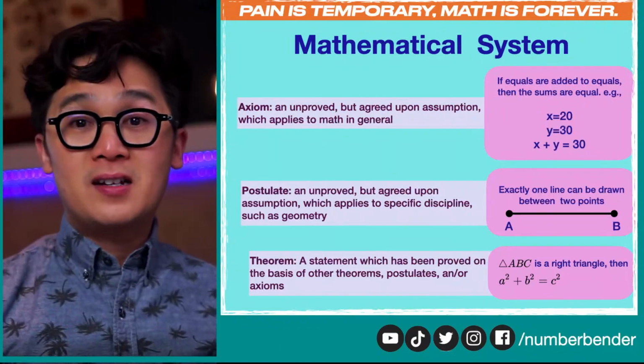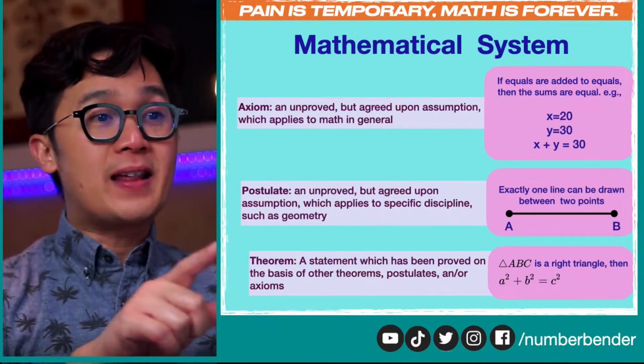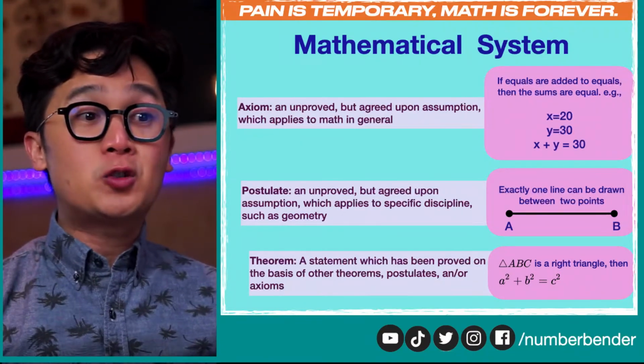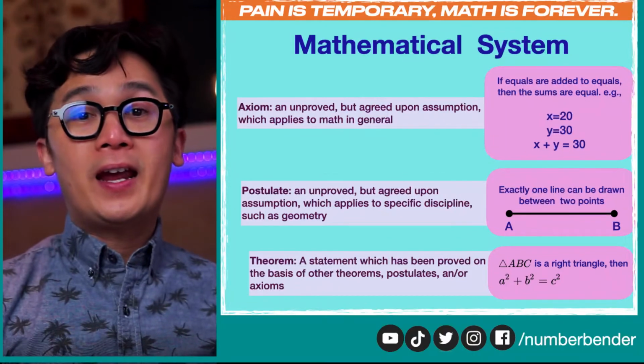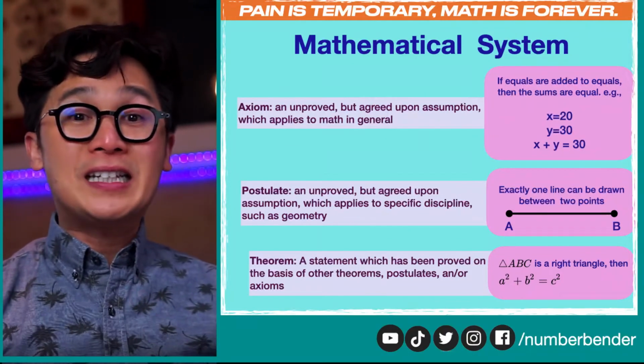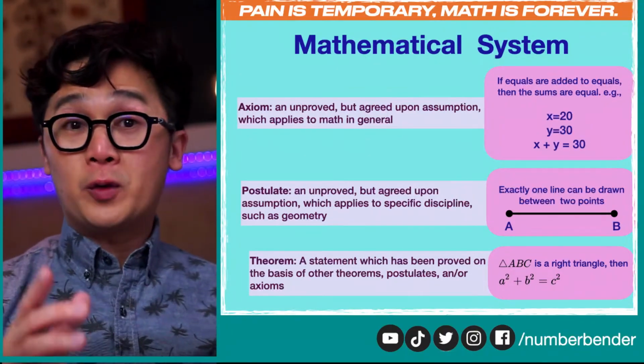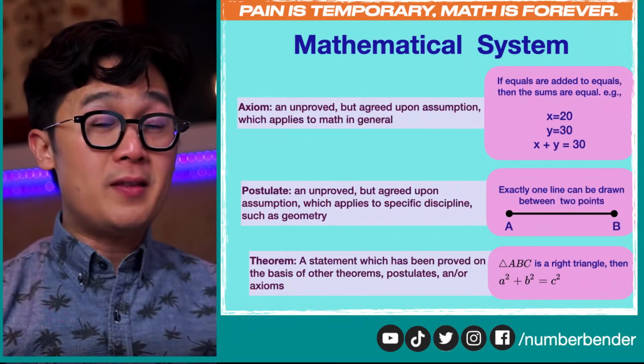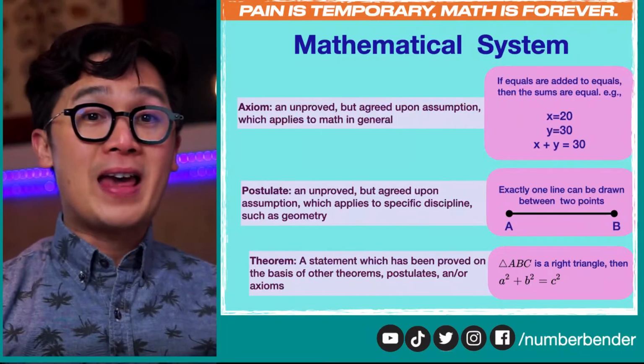An example of a theorem is that if we have triangle ABC and it is a right triangle, then a squared plus b squared is equal to c squared. This is a formula we are very familiar with, the Pythagorean theorem.